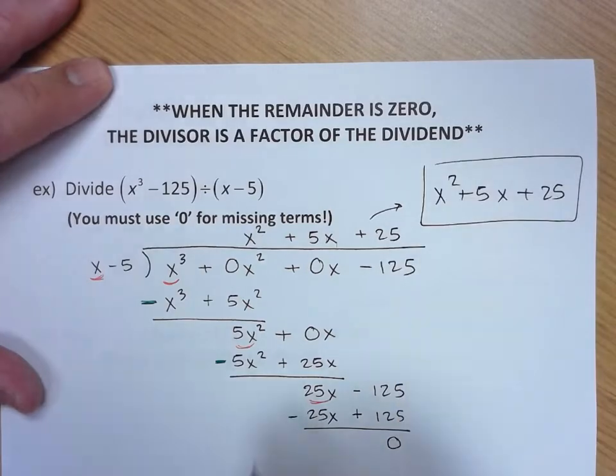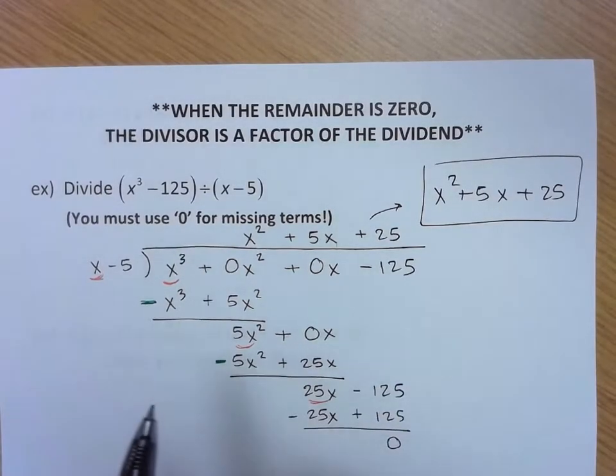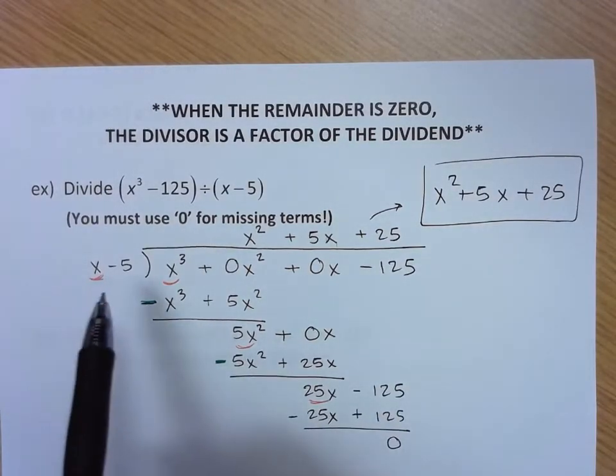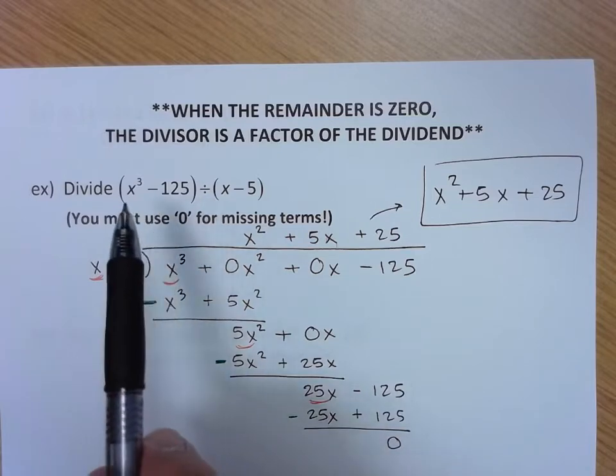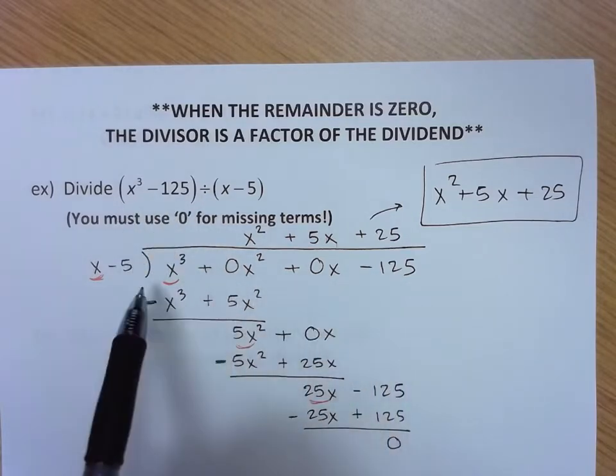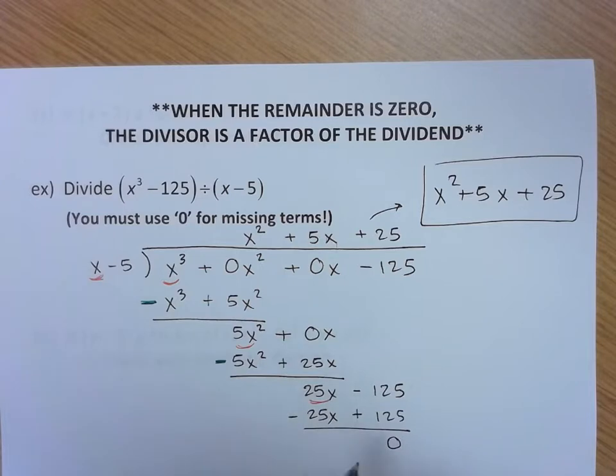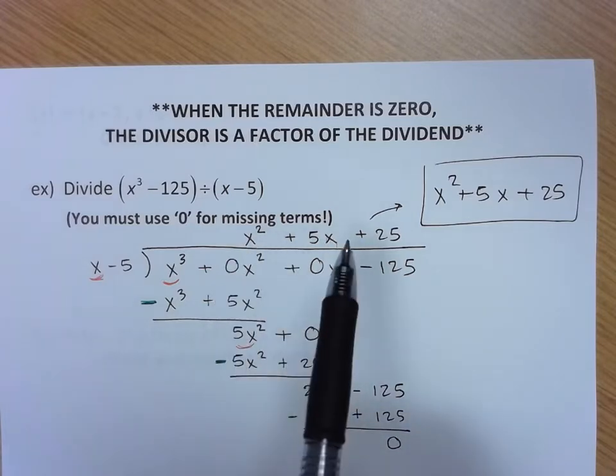But what this technically means is this is kind of like an advanced factoring technique. We just factored out x minus 5 from this polynomial as my dividend. When this factors out with a 0 remainder, that's what's left over.